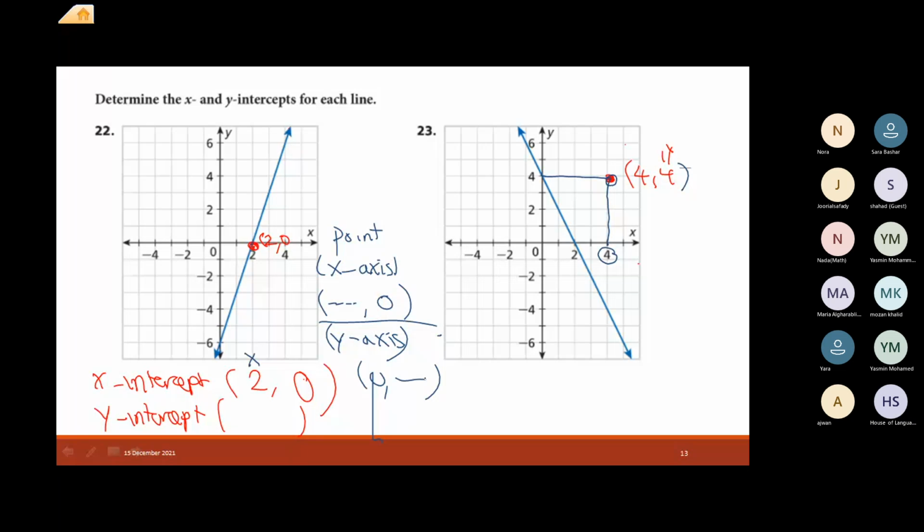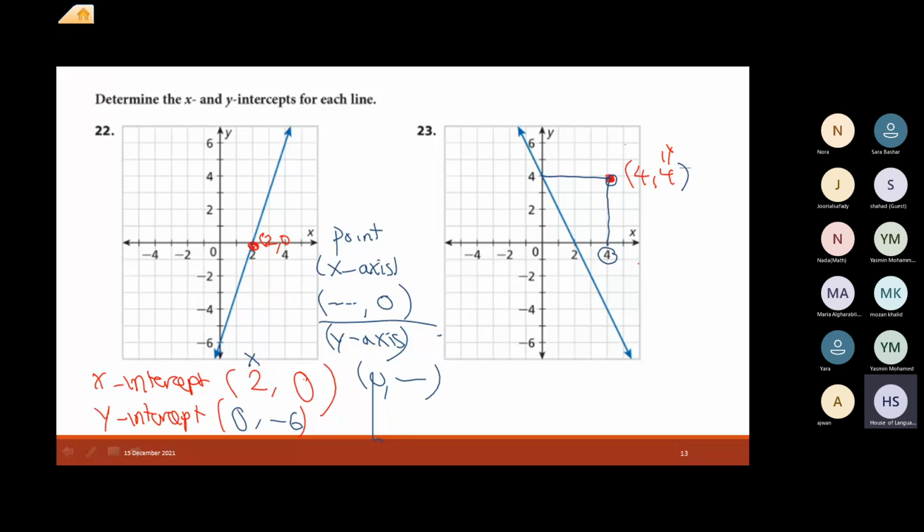Now what about the y-intercept? At which point does it cut the y-axis? Negative 6. Bravo. So on the y you will write negative 6, and on the x you write 0.